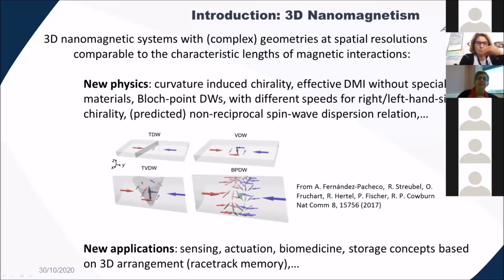But there is a different type where there is a Bloch point with 0 magnetization at the center, necessary to maintain continuity of the vector field, while diminishing the electrostatic energy by keeping the magnetization parallel to the surface in the circulation.